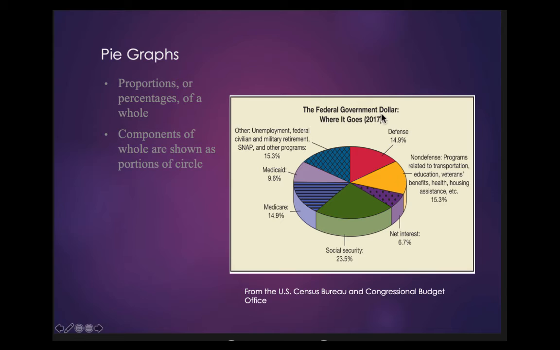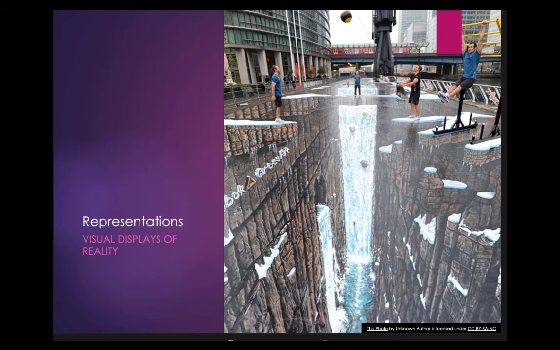The federal government says this is where their dollars go based on the census. So it's a portion of the total amount of money. So the 3 types of graphs that we use in public speaking or generally anything are line graphs, bar graphs, and pie graphs.